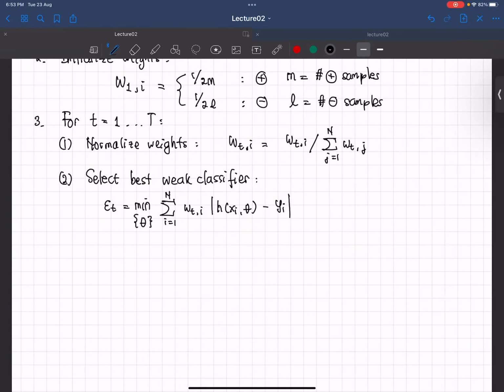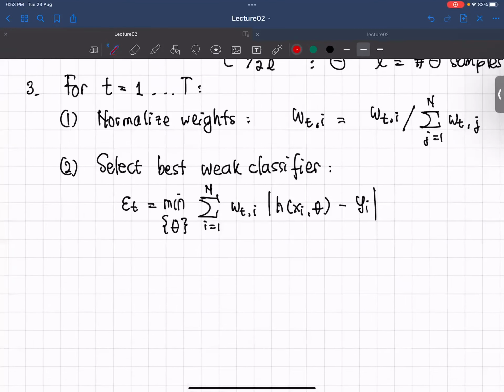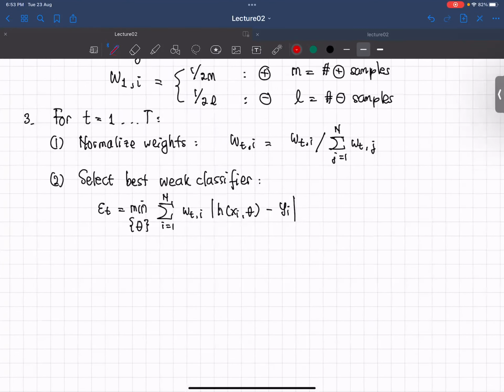Okay, so it's a bit cryptic. The equation is not really obvious in this case. But you can imagine, for example, that t equals 1, because in the first iteration, t equals 1.